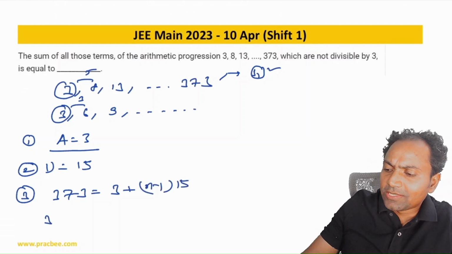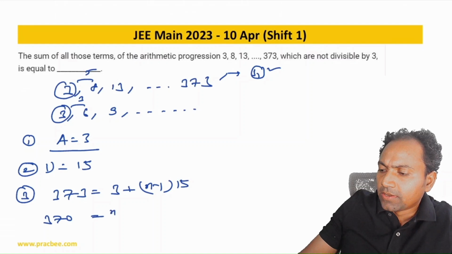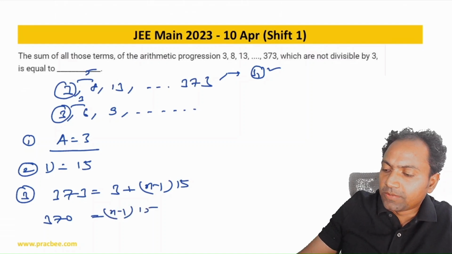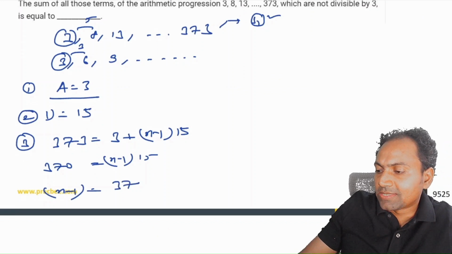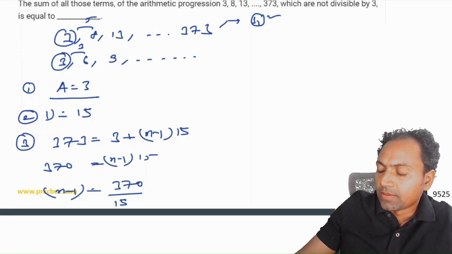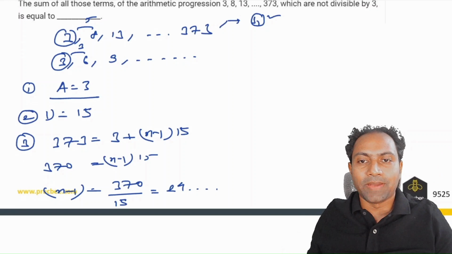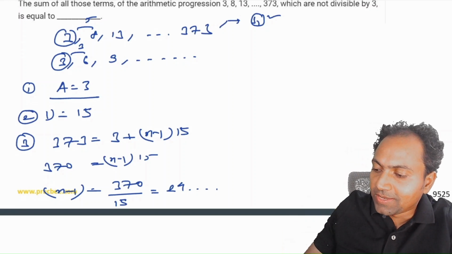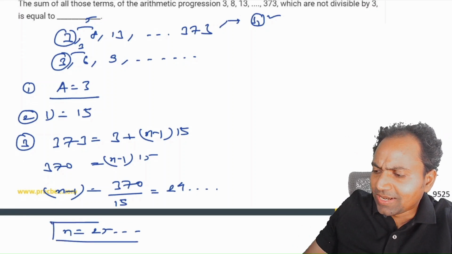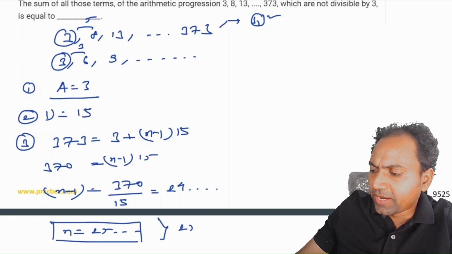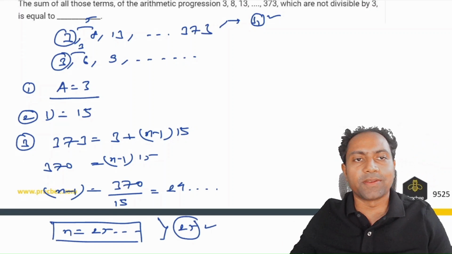So I subtract, this becomes 370 equals n minus 1 into 15. And if I simplify, my n minus 1 comes out to be 370 by 15. My answer comes out to be 24 point something, and from there the value of n comes out to be 25 point something. You can see that there are in all 25 terms that are common. This we have done earlier also.